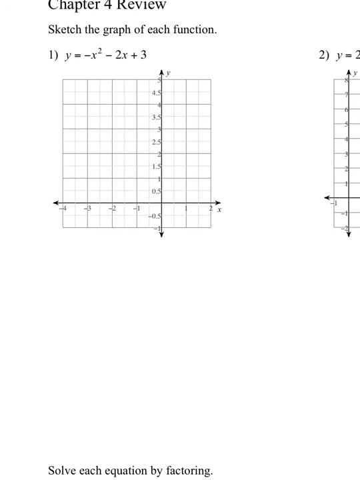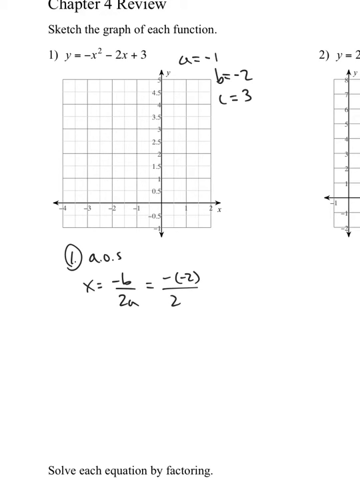So graphing, guys, again, we want to identify A, B, and C. We do that so that for our first step, finding the axis of symmetry, where we use negative B over 2A, we can substitute in A and B. So negative 2 over 2 times negative 1.